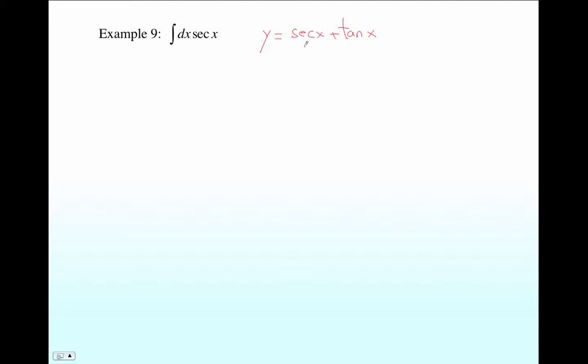If I write y equals sec x plus tan x, then dy becomes sec x tan x dx, that's the derivative of sec x, and then the derivative of tan x is sec squared x. If I take sec x common between the two, then I get sec x plus tan x, and that's exactly what we have for y. So I get y over here.